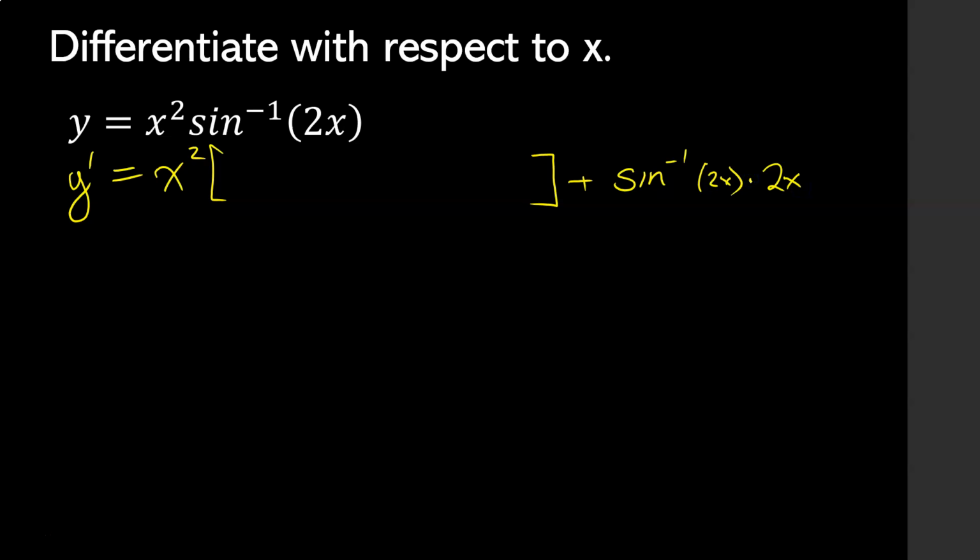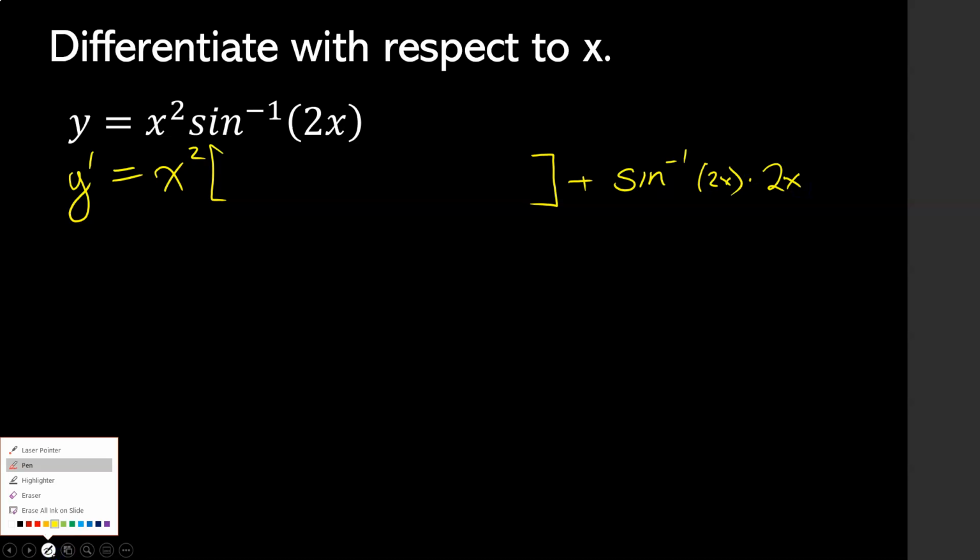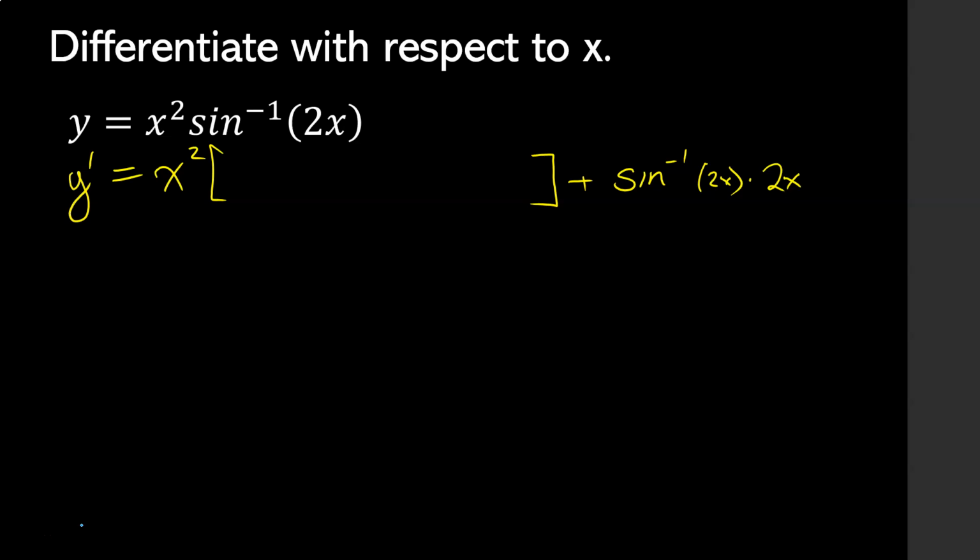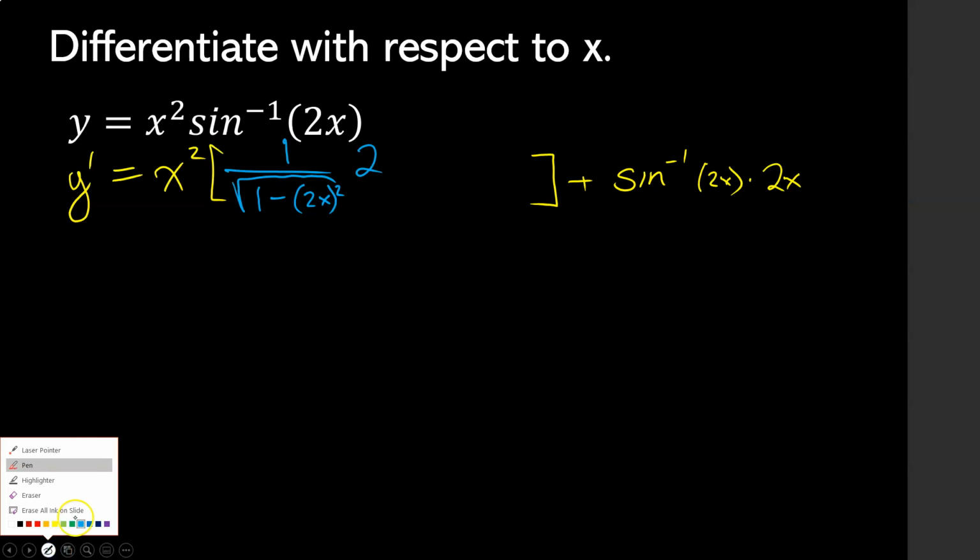Okay. So I need to put in my derivative of inverse sine, and the derivative of inverse sine is 1 over the square root of 1 minus the input squared, and that input is 2x, which has a rate of change of 2. That's kind of ugly. I'm not going to do a ton of rewriting.